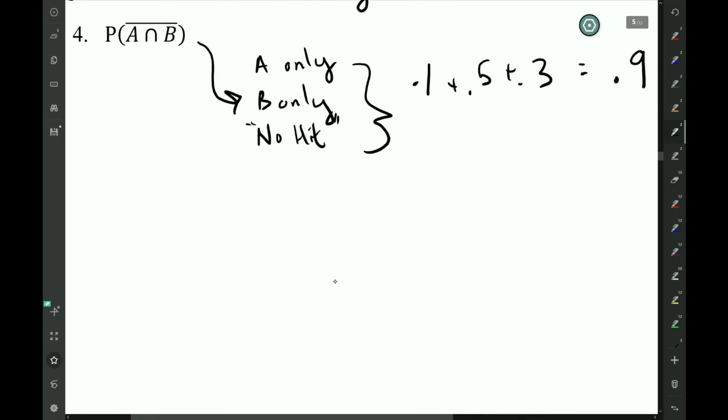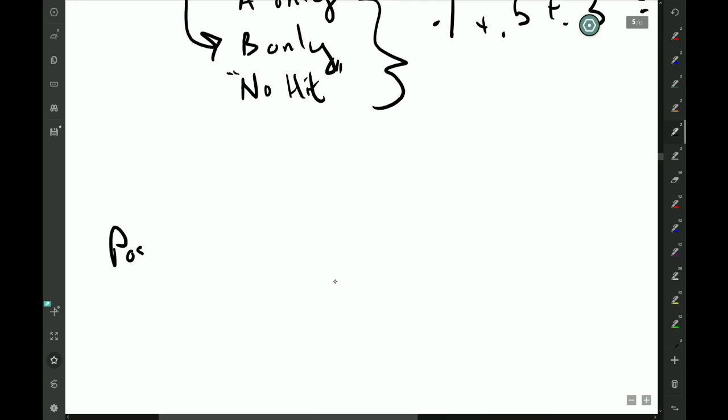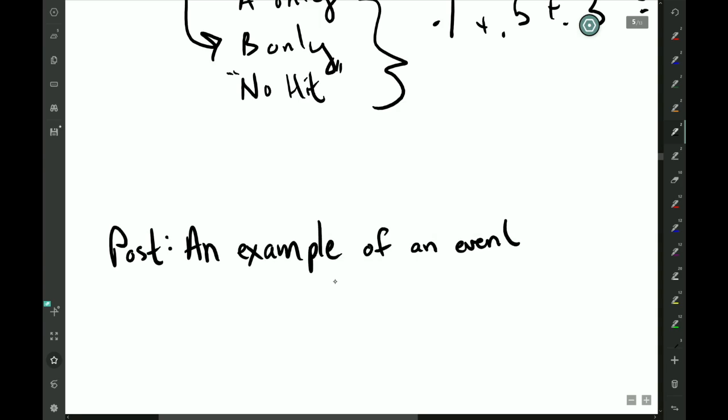So what I'd like you to do, of course, is to post an example of an event and give a probability, so the probability of A, and provide its complement.